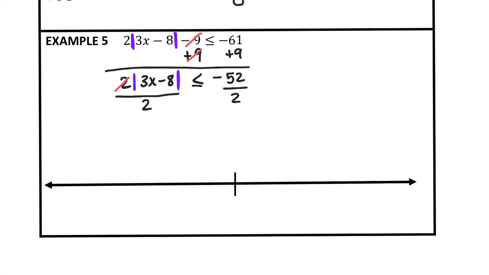both sides by 2 to get rid of that 2. And that's going to leave me with the absolute value of 3x minus 8 less than or equal to negative 26. So this is a situation where I have less than a negative number.